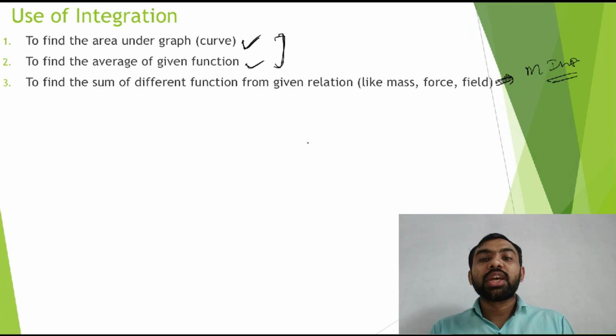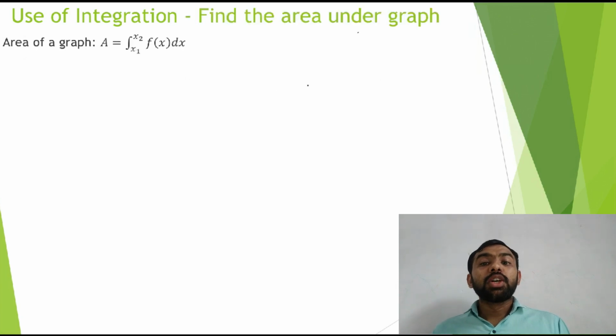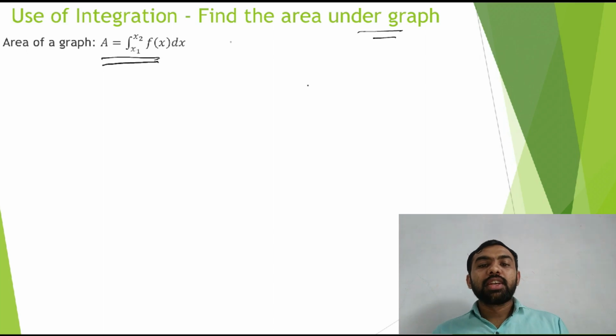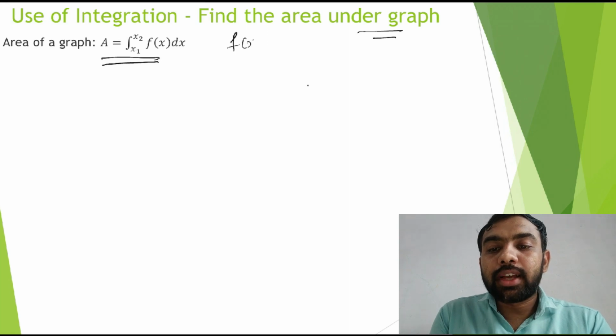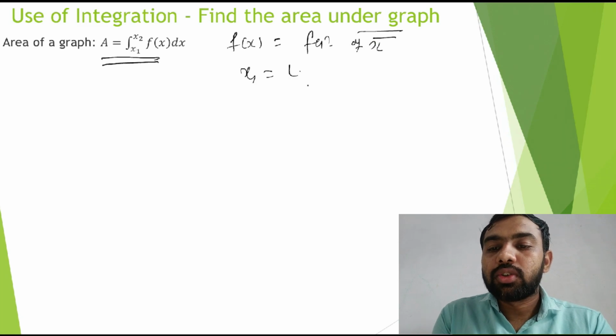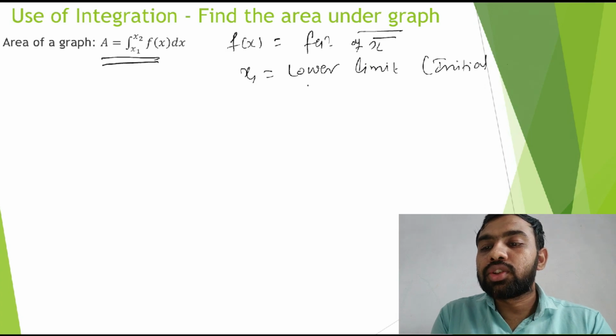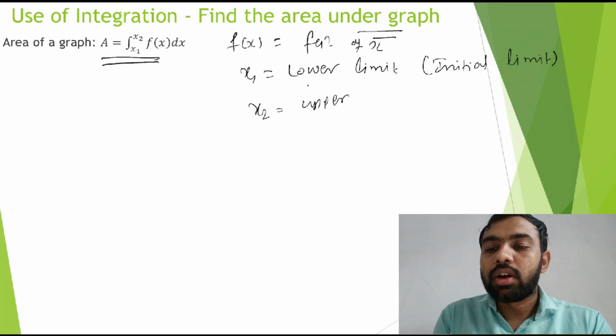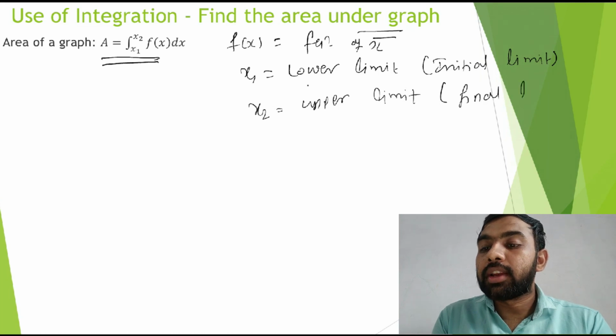So let's discuss the first use, how to find the area under the graph. The area of any graph is given as the integration from x1 to x2 of f of x dx, where f of x is a function of x, x1 is the lower limit, meaning the initial limit, and x2 is the upper limit, meaning the final limit.